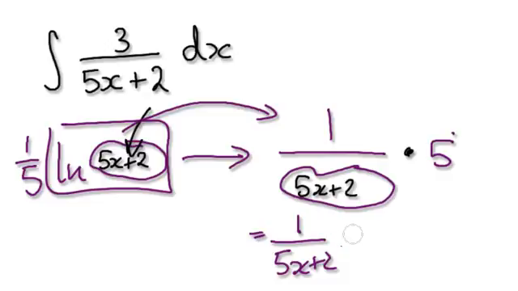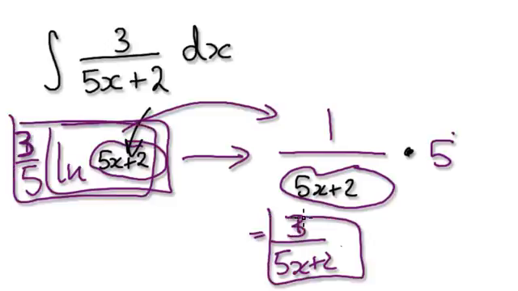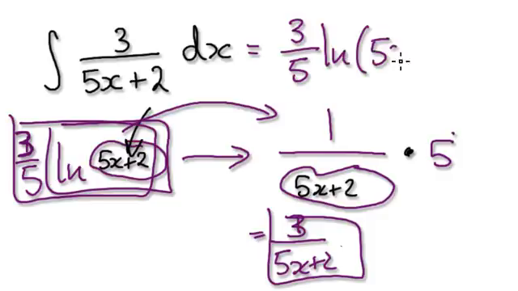So we need to make the adjustment. So our adjustment should be times 3. So times 3 here, and then now it will give us this. So when you differentiate this here, it will give you this. Okay. So the overall answer here would be 3 over 5 natural log of 5x plus 2, and then plus a constant.